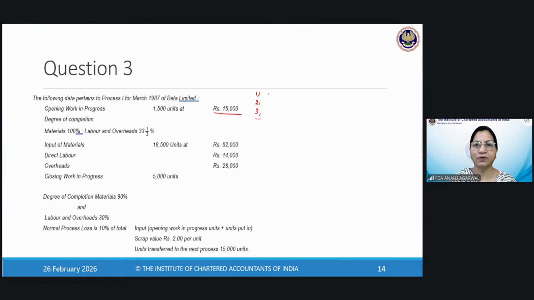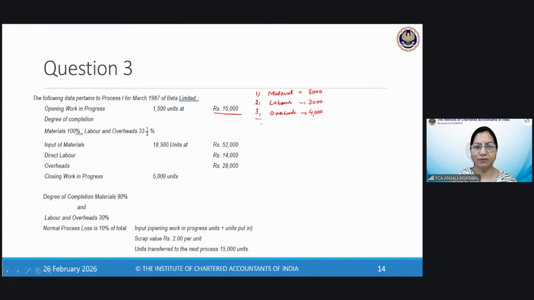But we also need to know what part of this 15,000 is material cost, what part is labor cost, and what part is overheads cost. So I am taking, for example, out of this 15,000, let's say 8,000 was for material and 3,000 was for labor and 4,000 was for overheads. So this will help us do the question using the weighted average method.